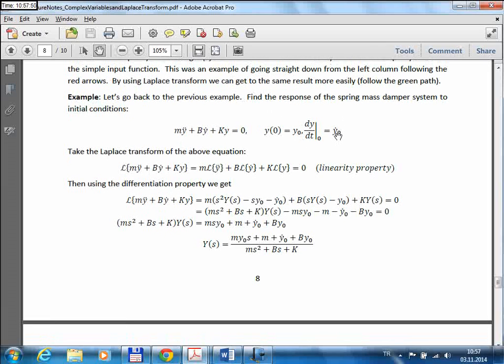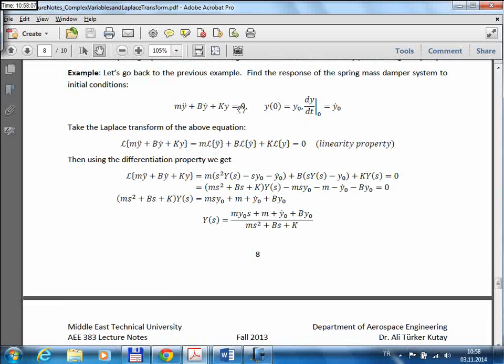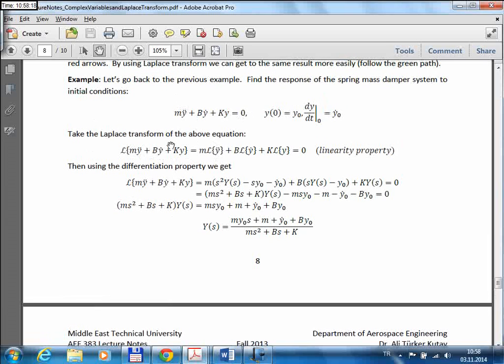So from here we take the Laplace transformation of this equation. We take the Laplace transformation of the entire equation. So Laplace transformation of the left hand side, and on the right hand side we have 0, so we don't have to worry about the right hand side. So this is what we need to transform: m y double dot plus b y dot plus k y. So here we immediately start making use of these properties.